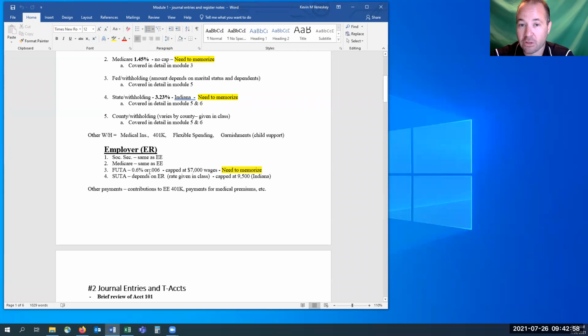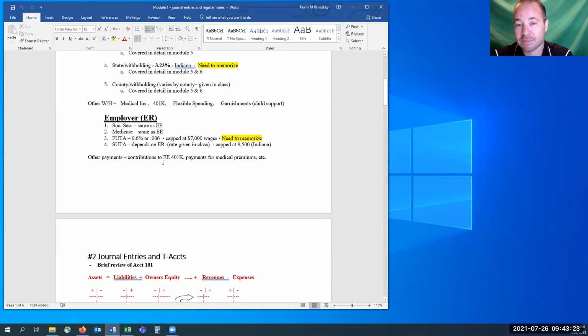So if you've ever collected unemployment, that's where your unemployment comes from, is from employers putting it into this fund. So if an employer has a lot of prior employees dipping out of this fund, then they should be paying more into it, and they do. Note for Indiana, the cap is at 9,500, so just a little bit over the FUTA cap.